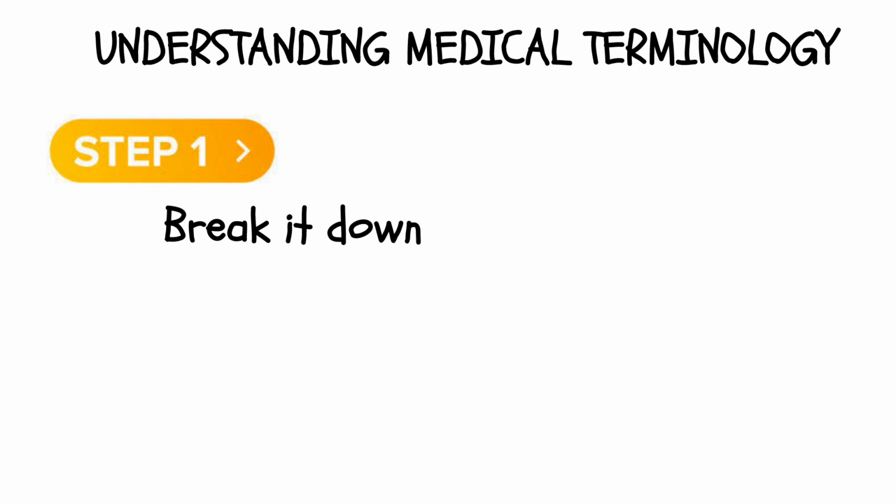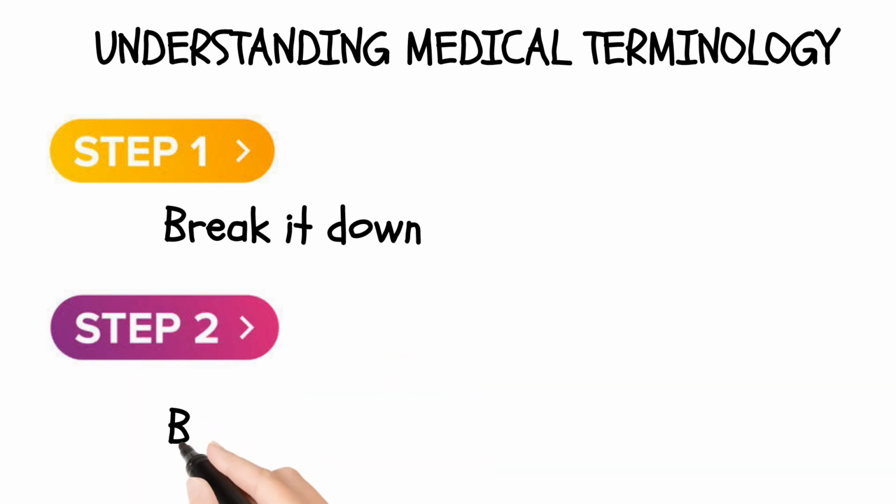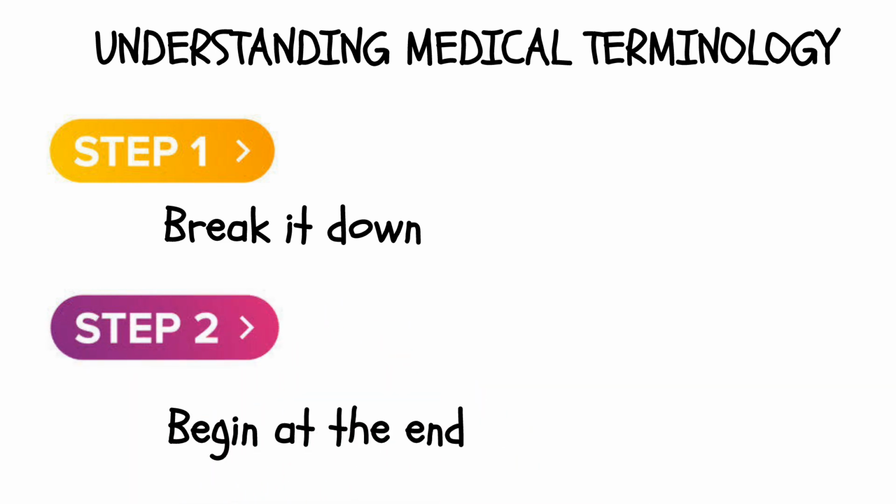The second guideline is begin at the end. After dividing the word into its basic parts, define the suffix first, prefix second, then the roots. So you do this after you've divided the word into its basic parts, then you start from the end, that's with the suffix. You define the suffix first, next is the prefix before the roots.